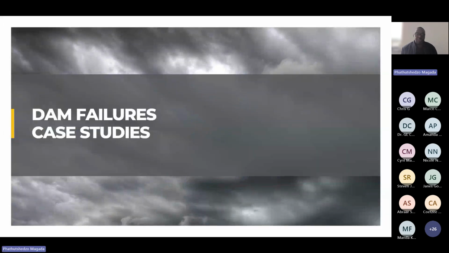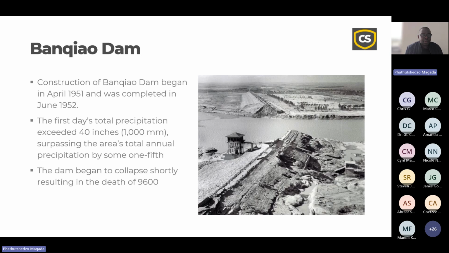So let's look at some of the case studies regarding dam failures. We have the Banqiao Dam. This dam was constructed in 1951 and completed in 1952.